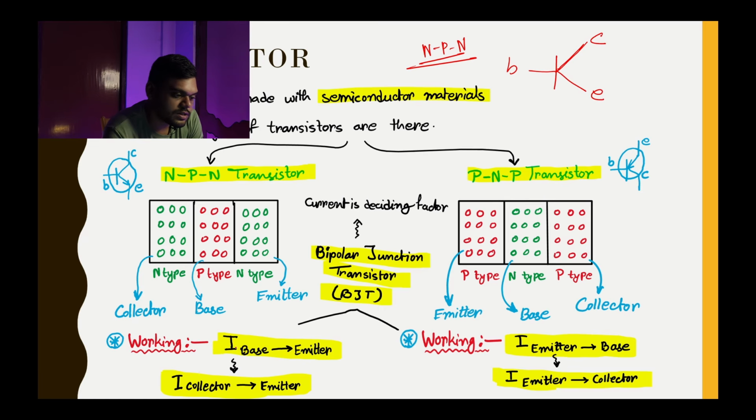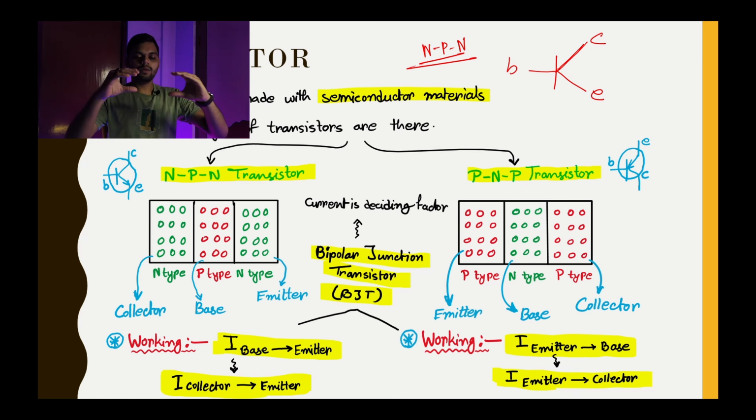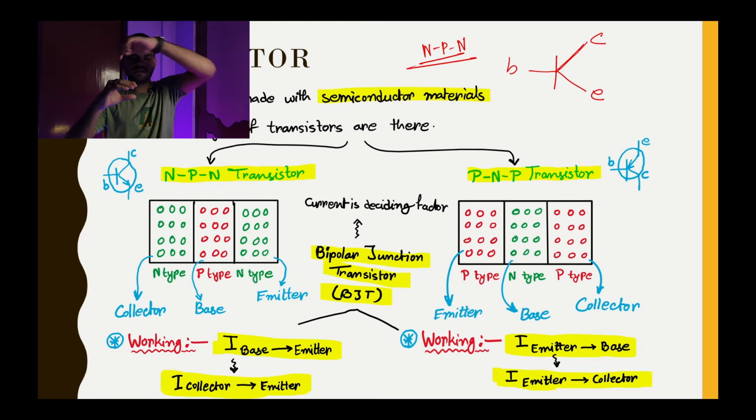If we have a little bit of current flowing from base to emitter, means P and N. Okay, let's visualize it. N, P, N semiconductors. Like as I said, it's collector, it's base, it's emitter.